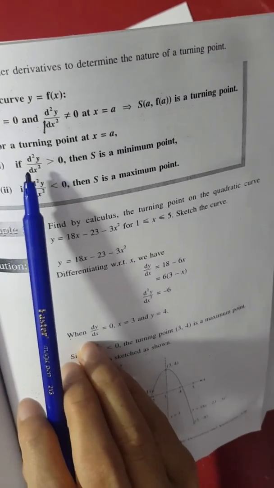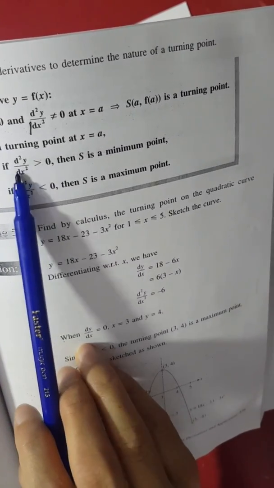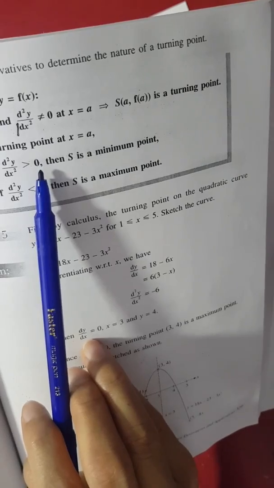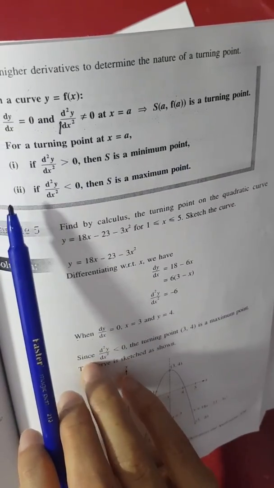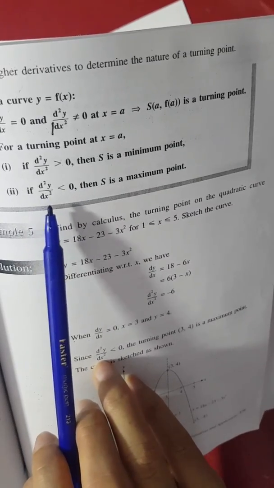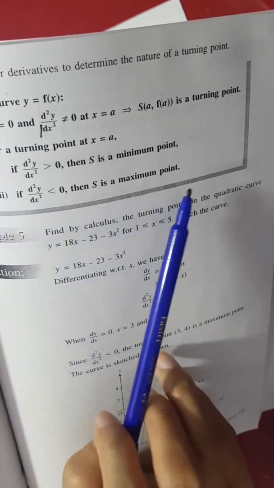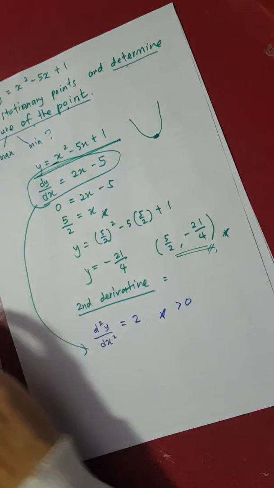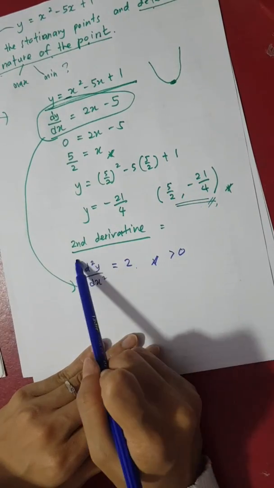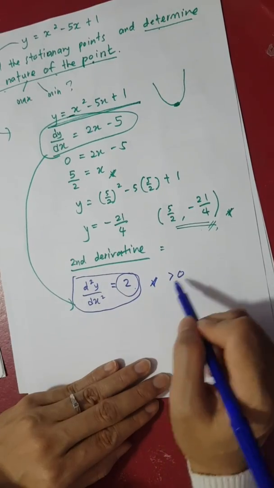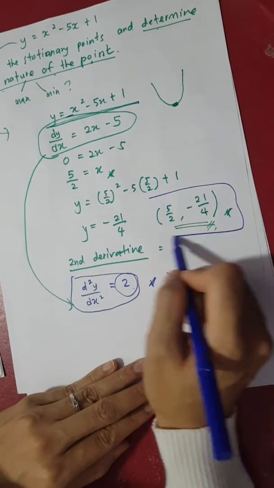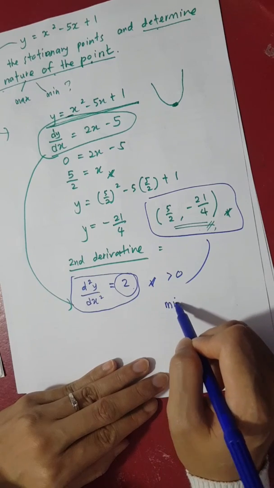If d squared y over dx squared is more than 0, then it is the minimum point. However, if d squared y over dx squared is less than 0, then it's a maximum point. So, after we do second derivative, we get 2, which is more than 0. Therefore, this is a minimum point.